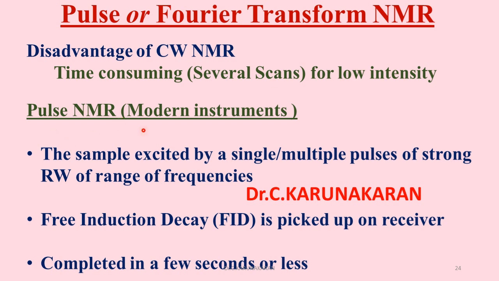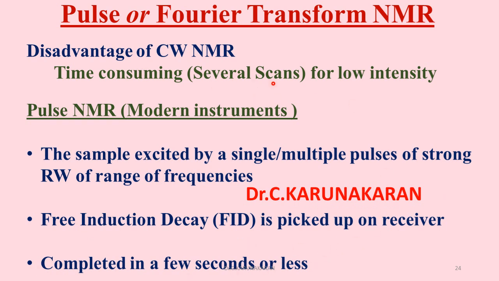Whereas in modern pulse NMR, the sample is excited by a single pulse, or multiple pulses, of strong radio frequency wave of a range of frequencies. Then the free induction decay is picked up on a receiver. We'll see the NMR measurement is completed in seconds. This is very important.